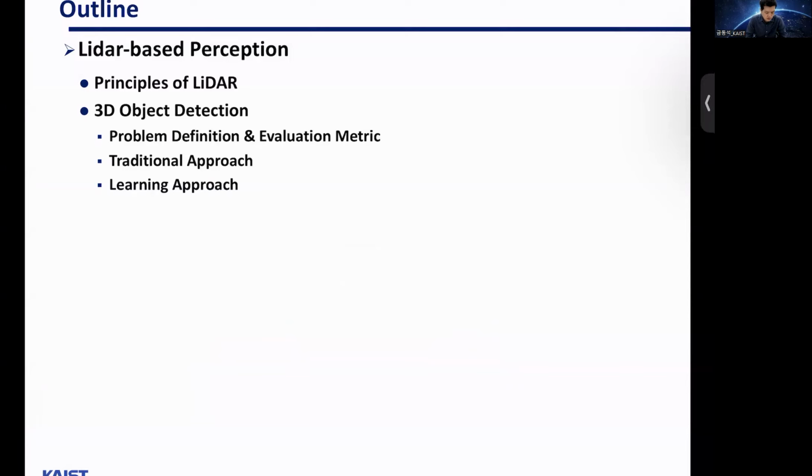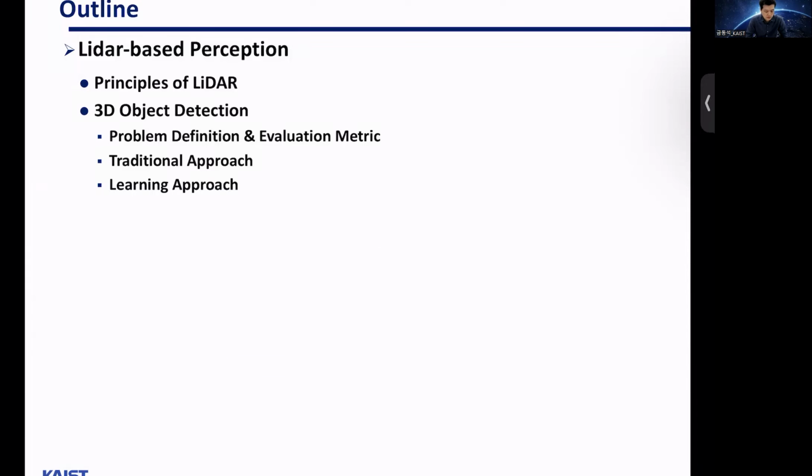Before we talk about 3D object detection, we're going to give you a quick introduction to the principles of LiDAR, how LiDAR works, and what types of LiDARs are out there.